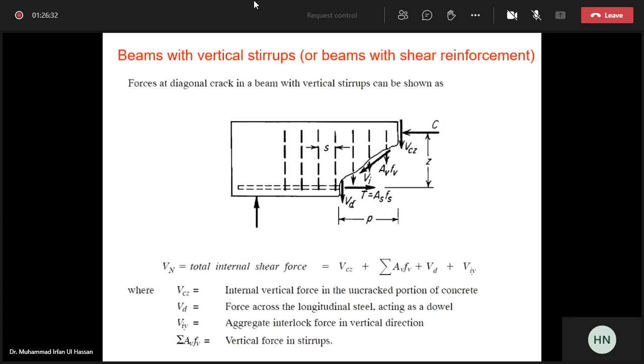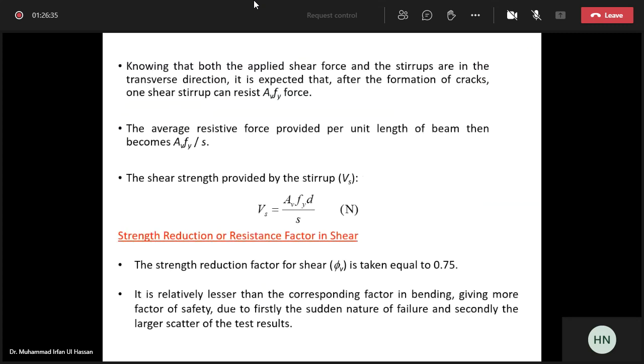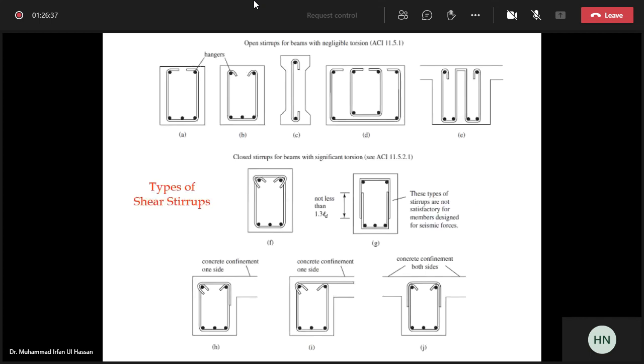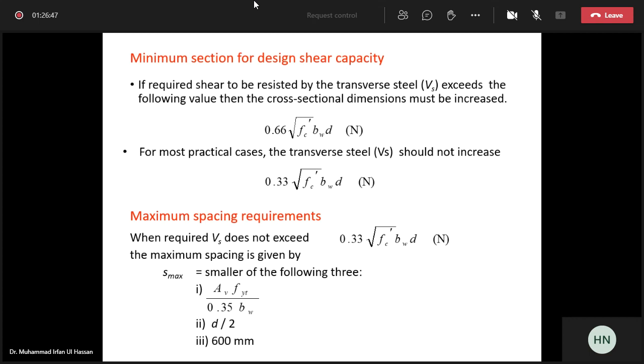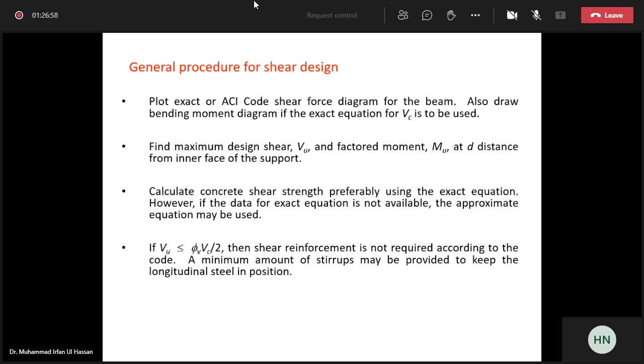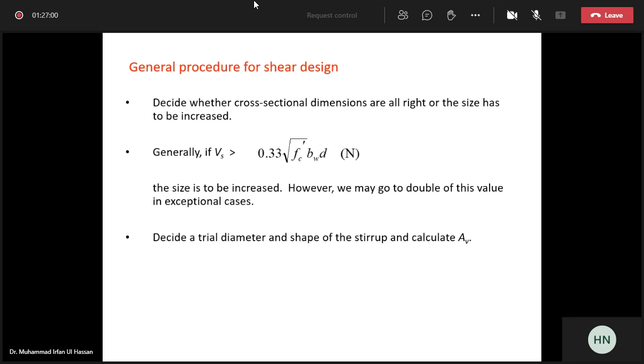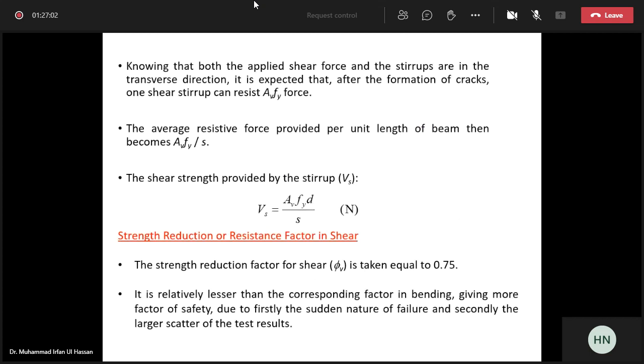So if you go for the shear design of the beam, definitely you have to provide stirrups, and stirrups take a reasonable amount of the shear. You can compute the area of the web reinforcement needed, and then decide the spacing. There are certain criteria for the spacing of the shear stirrups, and out of those the minimum will be selected, and you can go for the shear design also. So these were the topics that you covered.